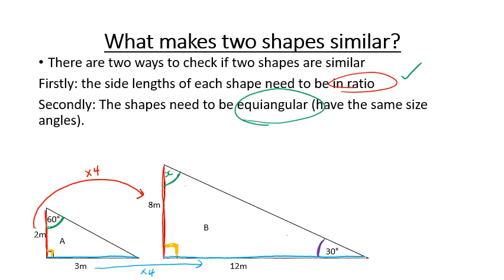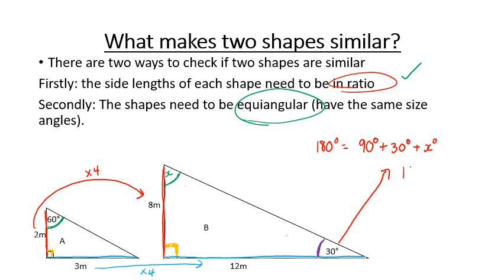Now we can do a quick calculation, and we can say that there's 180 degrees in a triangle. That must equal 90 degrees for our right angle, 30 degrees for the angle down here, plus our missing angle here.